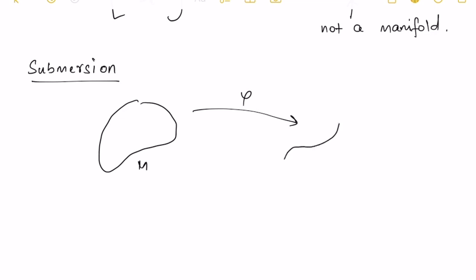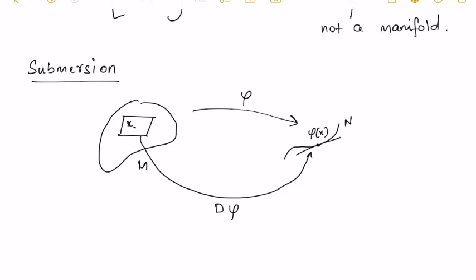So let me just draw these manifolds here. So this is N. On the manifold M, we have a coordinate chart, the tangent space at the point X, and the mapping between this tangent space to the tangent space here, just this at the point which is the image of the point X through the mapping function, is called d psi.